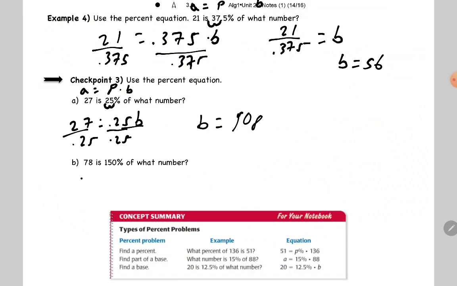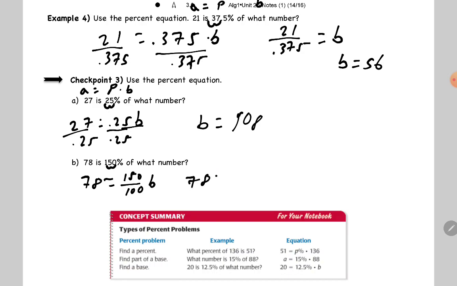So this 78 equals 150%. Okay. So I move the decimal place 1, 2. And the reason why I'm moving it twice, if you don't already know, is because remember 150% means 150 divided by 100. So that'll give me 1.5.